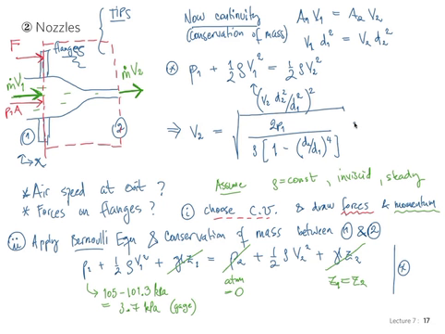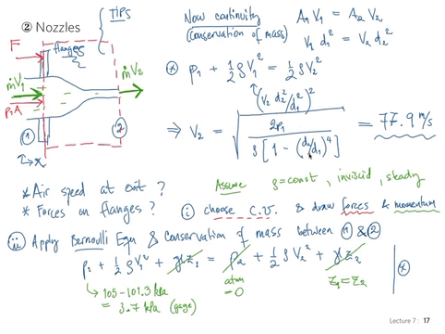P1 is known. I can put all the numbers that we have for that problem in there. And I'm going to skip that final numeric step, which you can check in your own time, because we are coming to the end of the lecture time, and just write what the result should be. 77.9 meters per second is the result I obtained by putting everything known inside here.